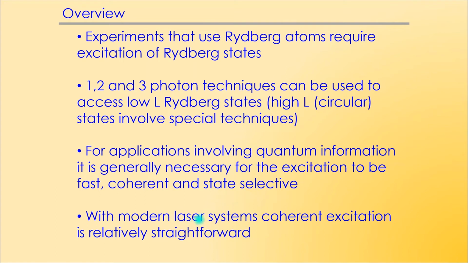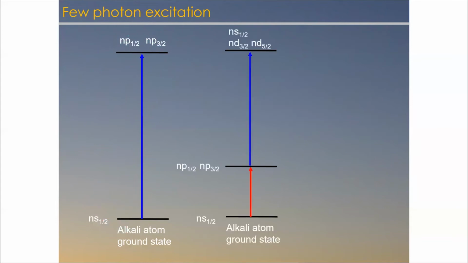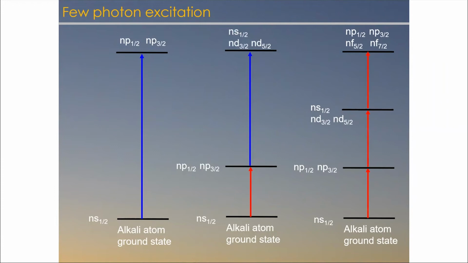Using laser systems you can now go out and buy, that's relatively straightforward. You could do a 1 photon excitation that takes you from an S alkali ground state to a P state. You could do a 2 photon excitation that takes you up to an S or a D state, or even a 3 photon excitation that takes you up to P or F states.